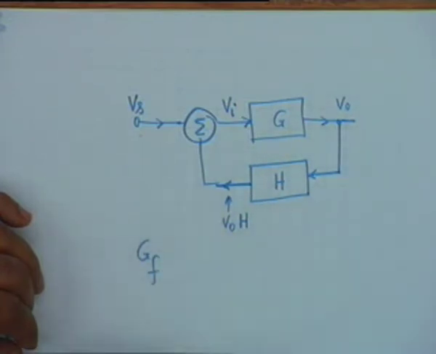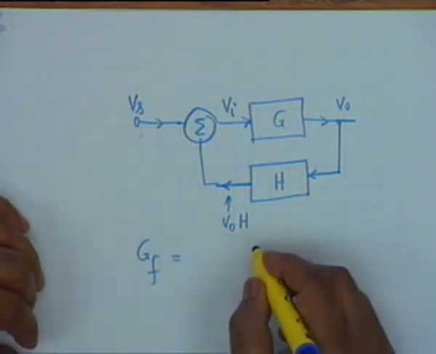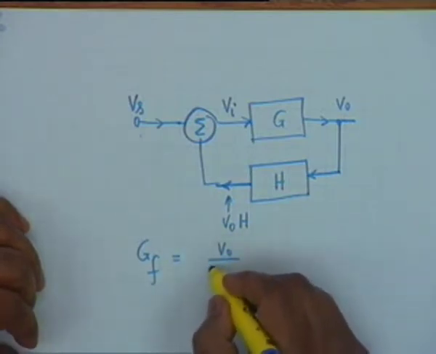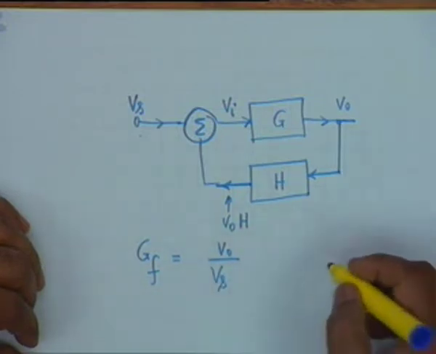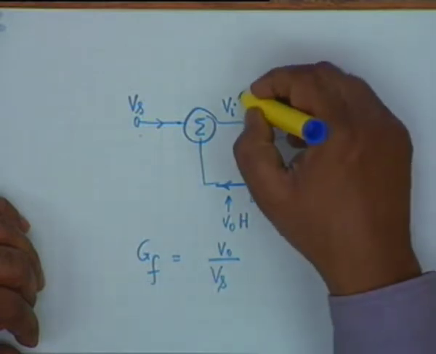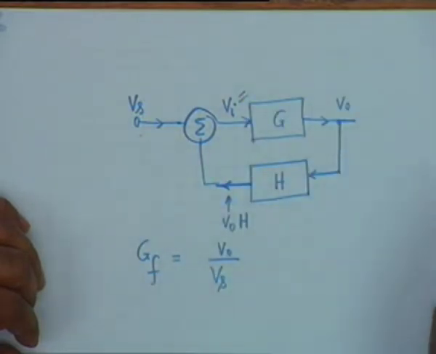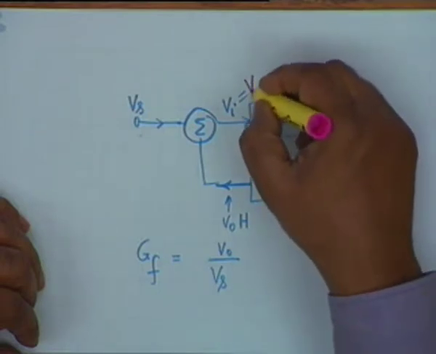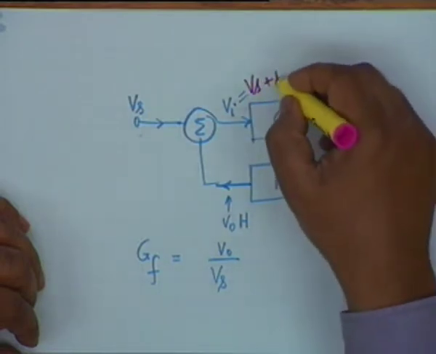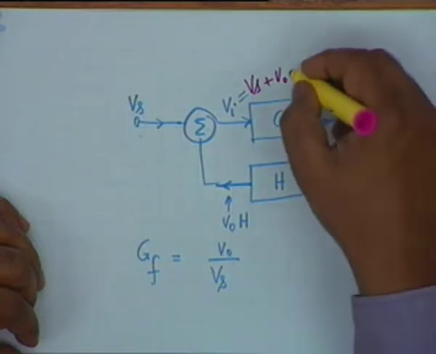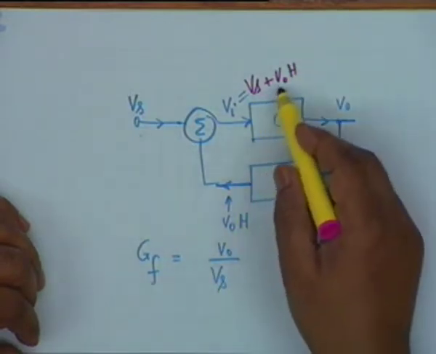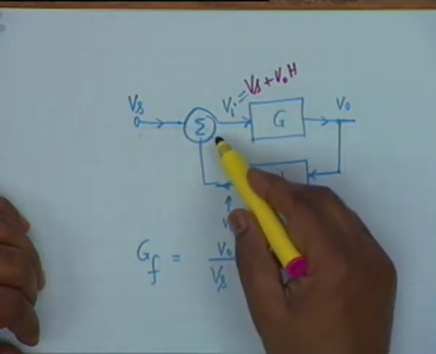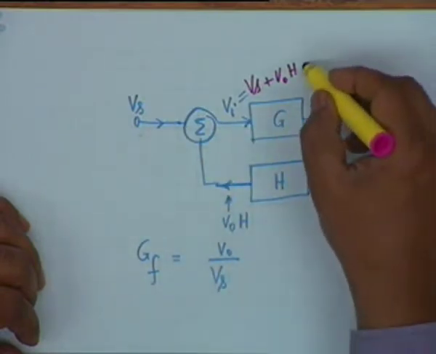Under the condition of feedback, we represent the gain by Gf, and Gf will be simply V0 divided by Vs. As you can see from this, Vi is equal to Vs plus V0H, and Vi times G is V0.